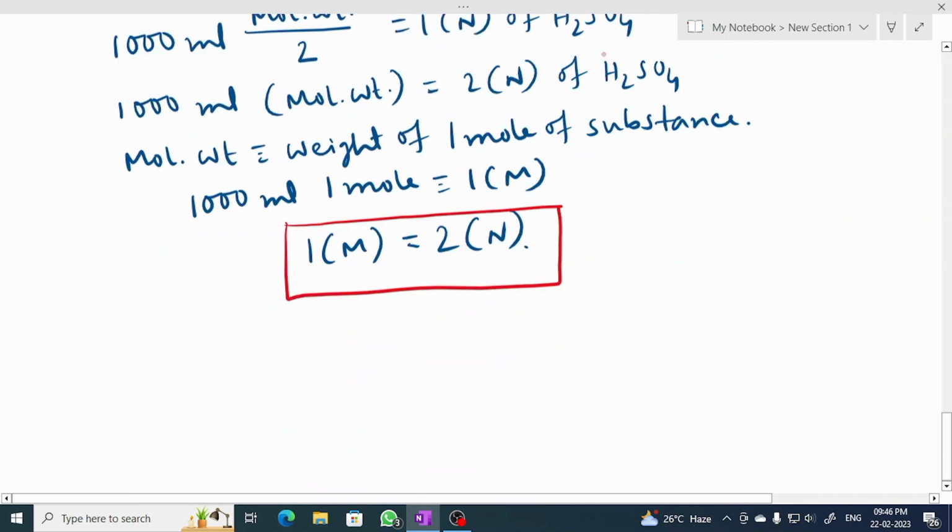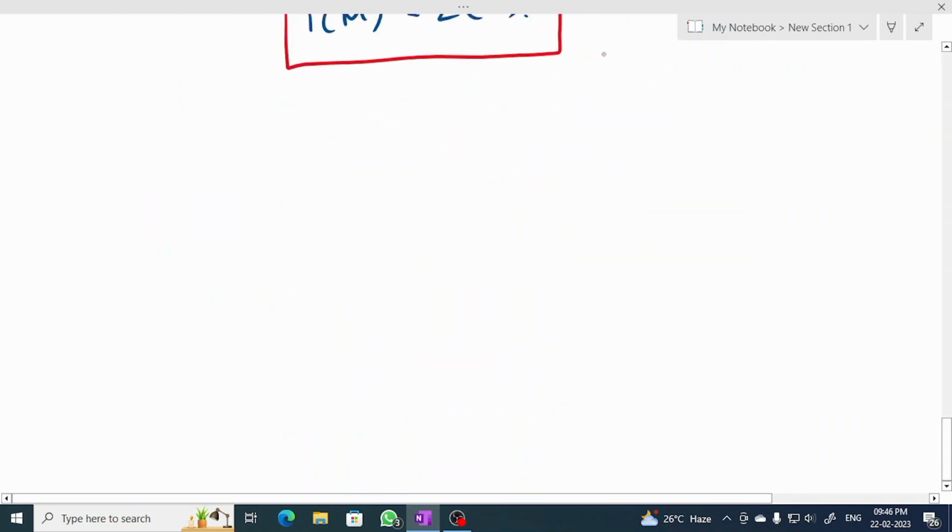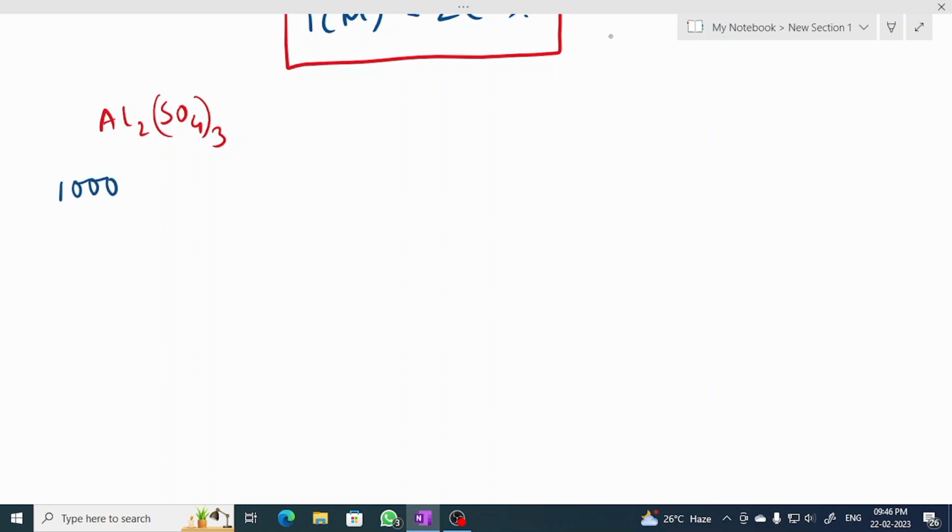Now we move on to another case. Suppose we have to obtain the relation between molarity and normality of aluminum sulfate. For aluminum sulfate, 1 normal aluminum sulfate is 1000 ml, molecular weight by 6.